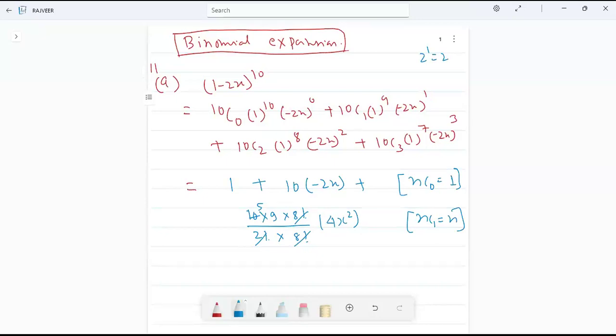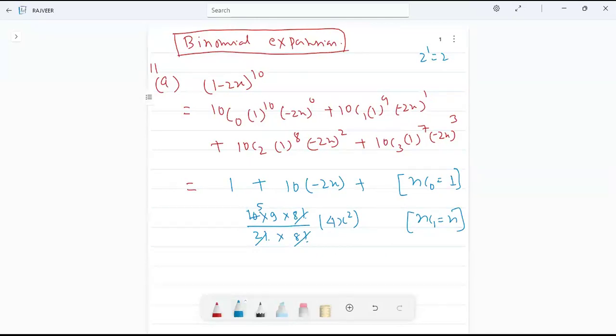And so 10C3. Okay, 10C3 is what? It was 10C2, we have made a mistake over here.